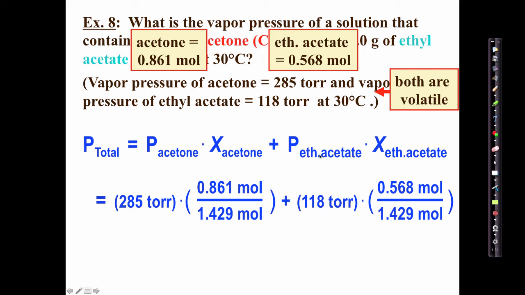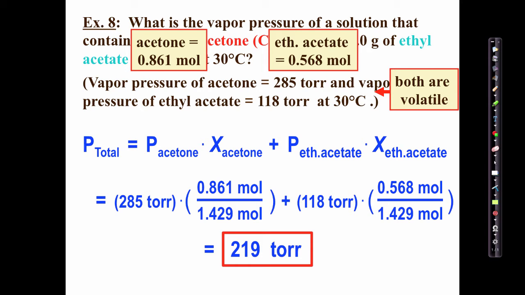Then the vapor pressure of ethyl acetate is 118 torr, that's pure ethyl acetate at 30 degrees Celsius, given in the problem. And then the mole fraction of ethyl acetate is 0.568 moles of ethyl acetate, divided by the total number, 1.429 moles. And when we plug everything in and punch the numbers out in our calculator, we get about 219 torr for the vapor pressure of the solution.